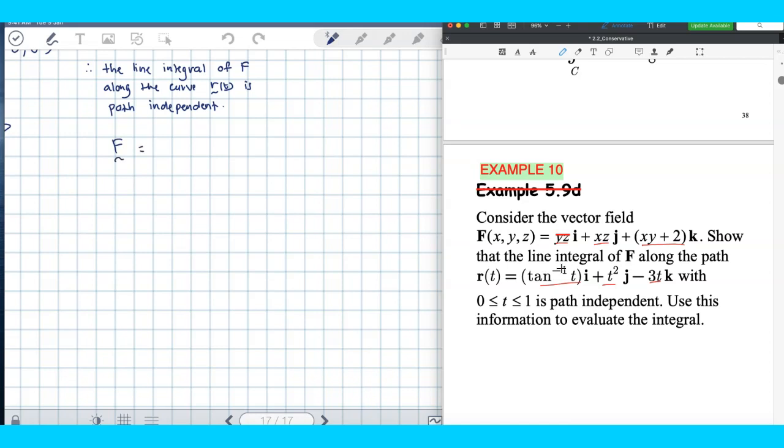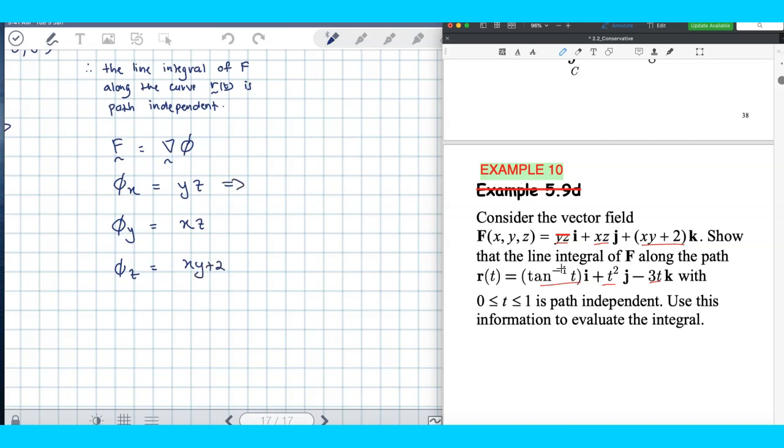In order to get this, we want to get the scalar potential function first. We know that it is a conservative vector field. So phi_x is equal to yz, phi_y is equal to xz, and phi_z is equal to xy plus 2.